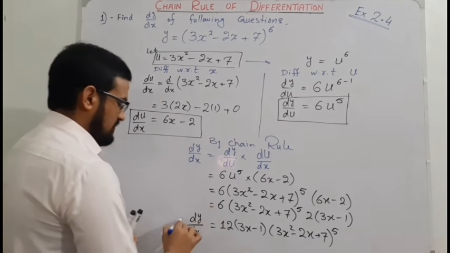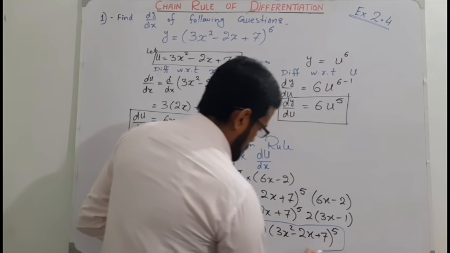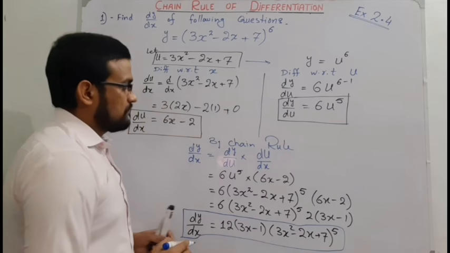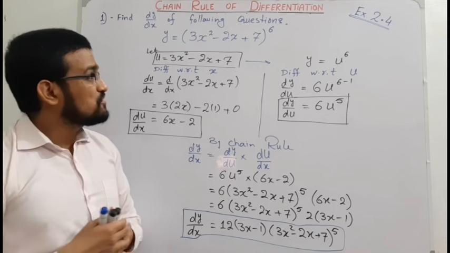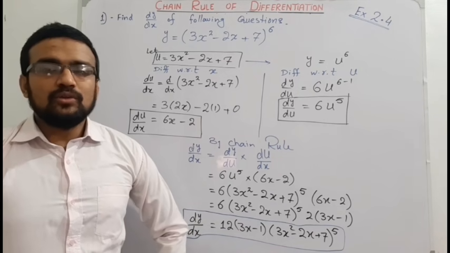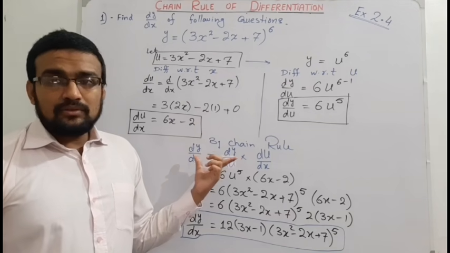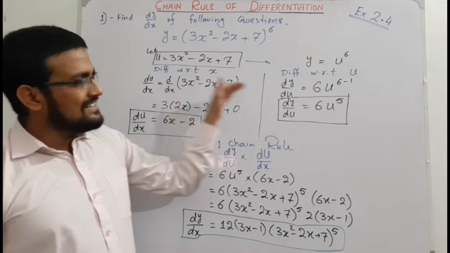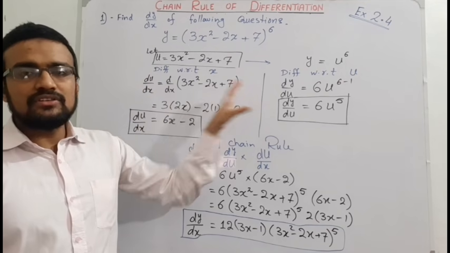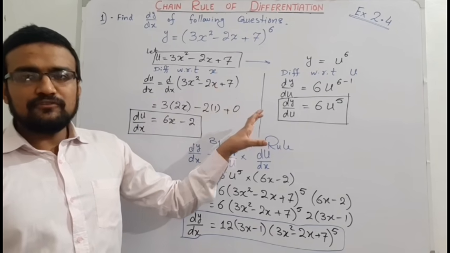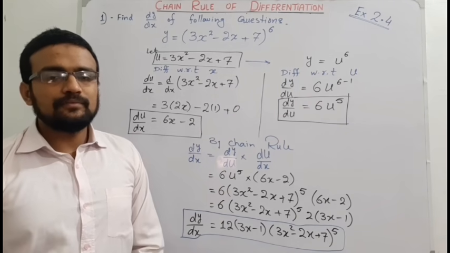Okay, students. I hope you understand this chain rule, the purpose of chain rule. Now, these types of questions are called composite functions, it means the functions depend on another function.